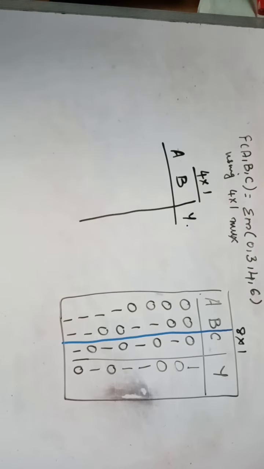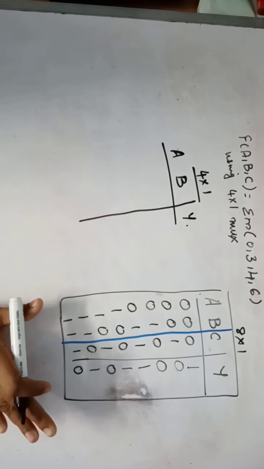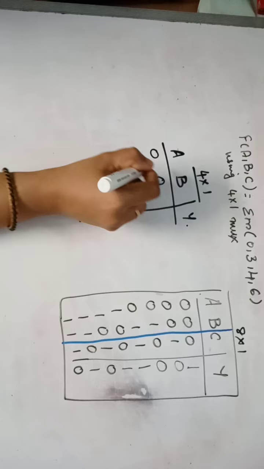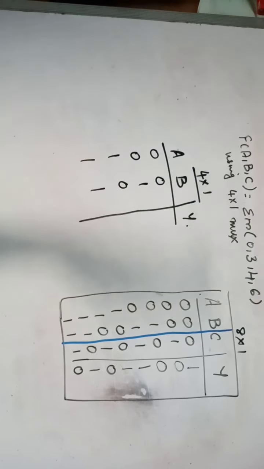I'm given only a 4 by 1 mux, but I need the truth table of an 8 by 1 mux. So 4 by 1 mux means it is 00, 01, 10 and 11.